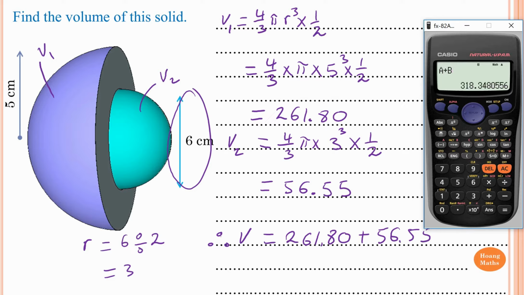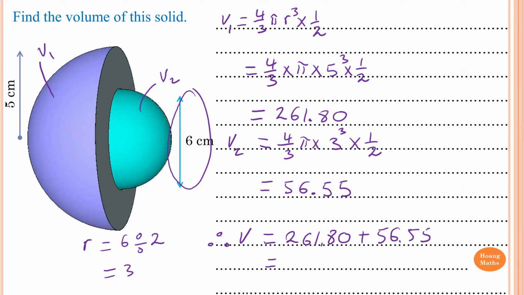There you go. So 318.385 and so on. So it doesn't matter if you round to 1 or 2 decimal places because the question didn't specify how many decimal places.